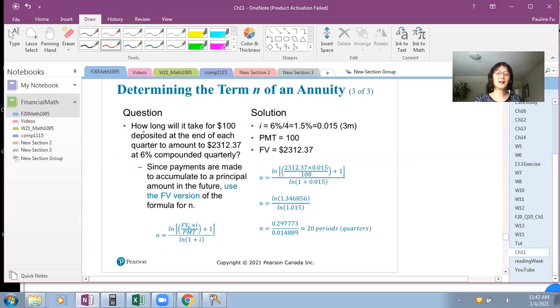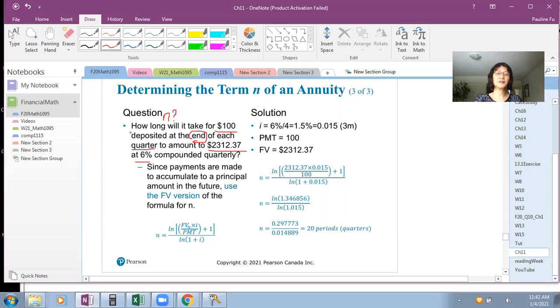Question: how long will it take for $100 deposited at the end of each quarter to amount to $2,312.37 at 6% compounded quarterly? Okay, so this question asks you how long, which means what is the term N?